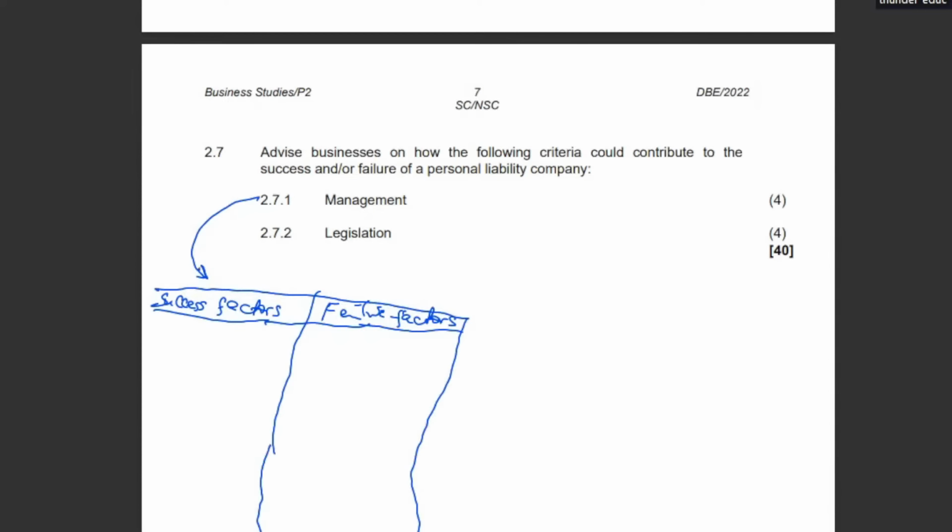This is 2.7.1. So under success factors, shareholders can vote for or appoint the most capable directors to manage their company.